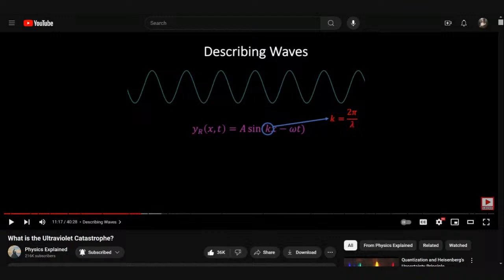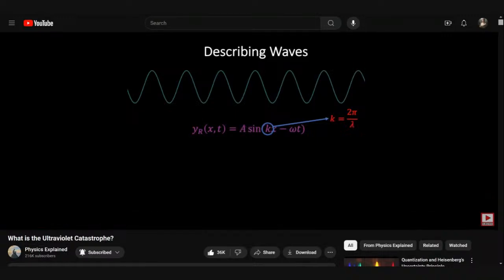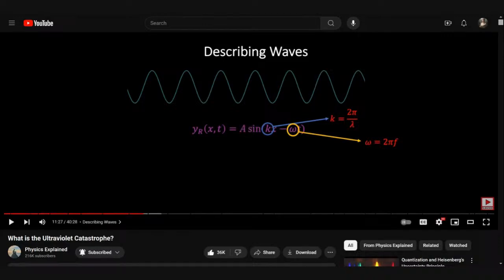Okay, that makes sense. Why is it 2 pi over lambda? I don't know. It represents the spatial frequency of the wave. On the other hand, omega is simply proportional to the frequency of the wave. Wait a minute. If c is given, then there is a relationship between lambda and omega. But omega is just 2 pi times the frequency. I think this should be derivable.